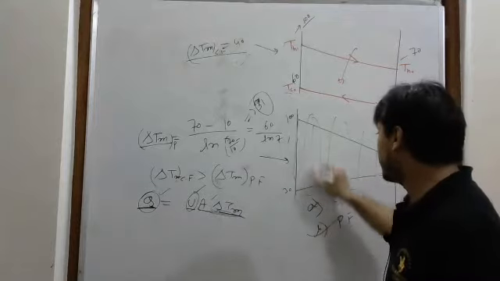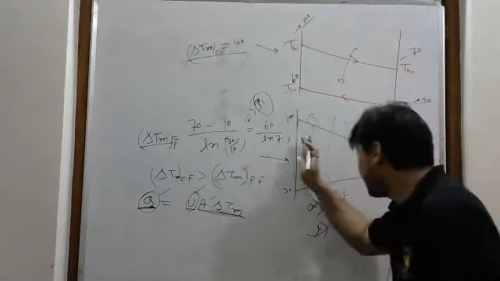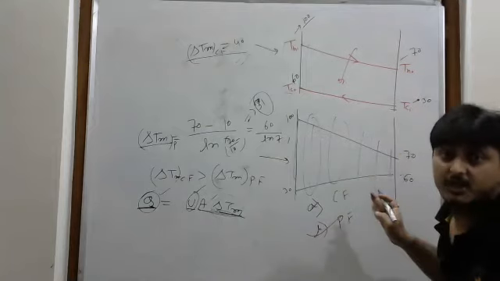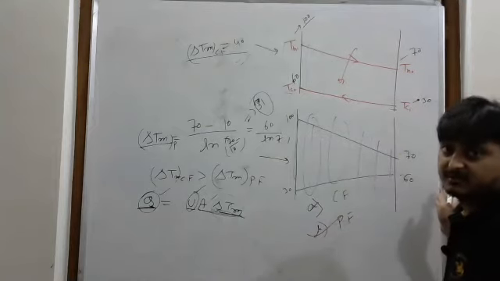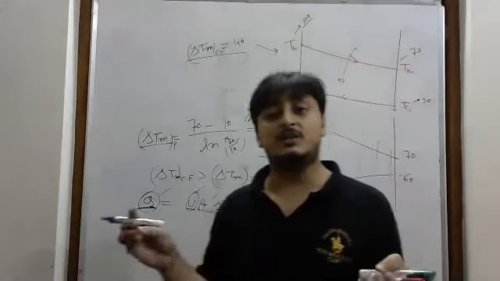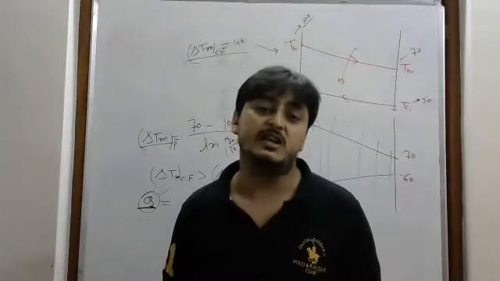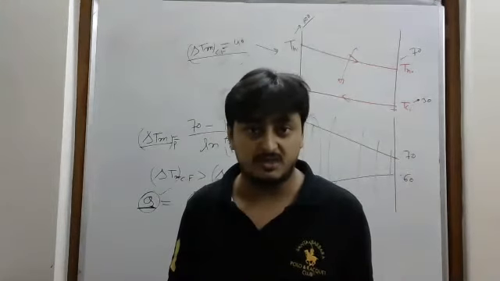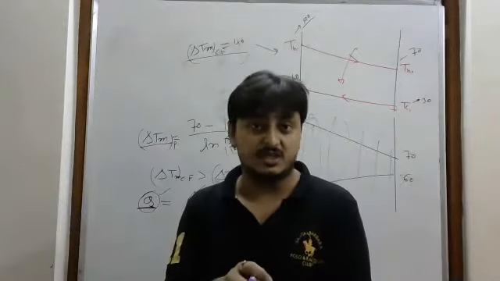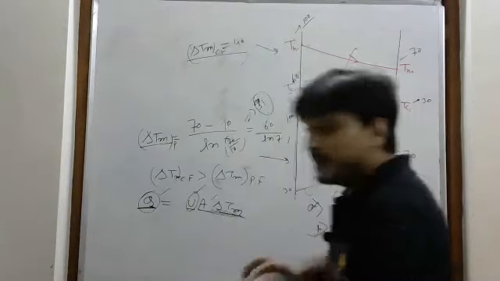But here it is more, here it is less. If the temperature difference is decreasing, heat transfer will also decrease in this direction. If you have mixed 30-degree water with 30-degree water, what is the heat transfer? Zero, because there is no temperature difference.